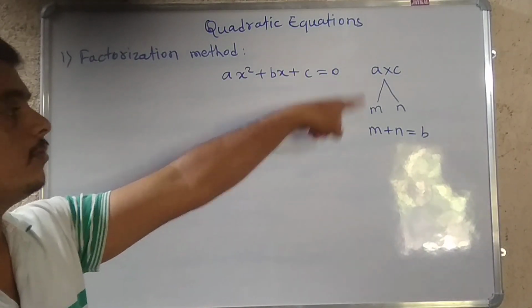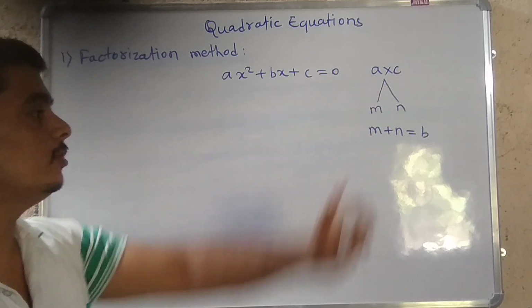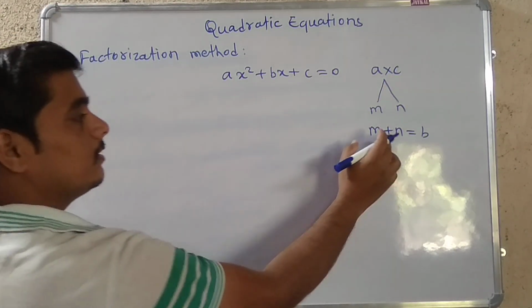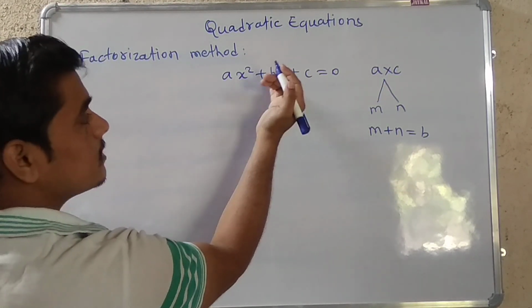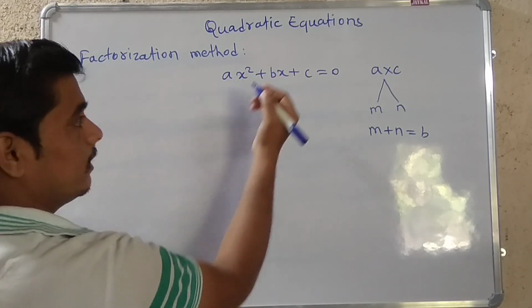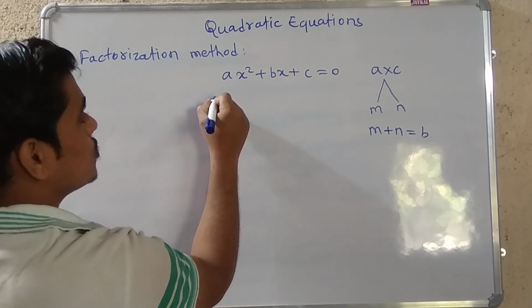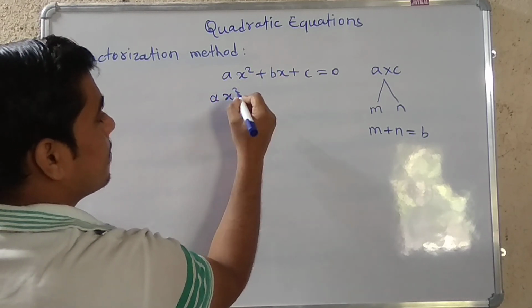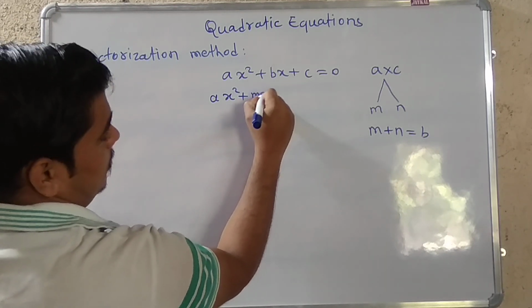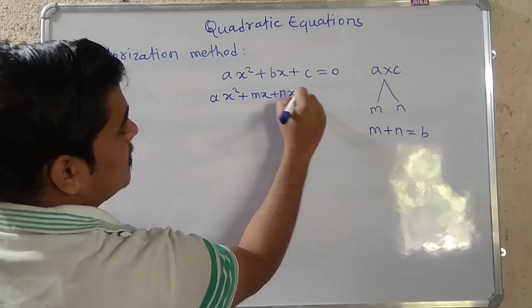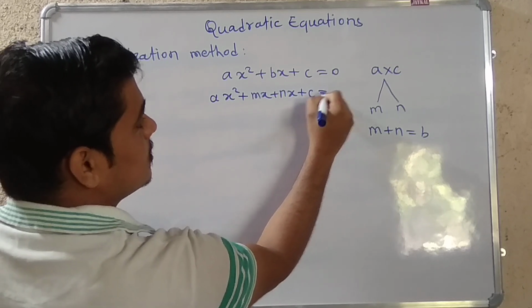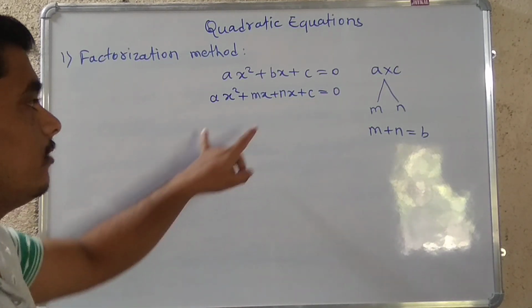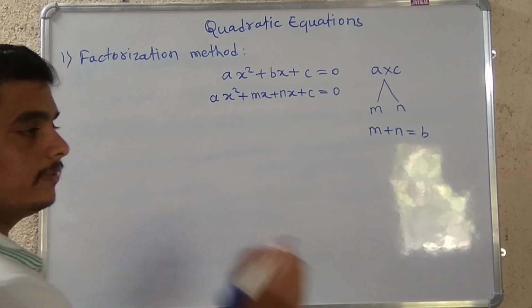This is how we factorize the product a into c, and the numbers m and n we insert in place of b. So ax square plus mx plus nx plus c is equal to 0. This is how we get four terms in the given equation.